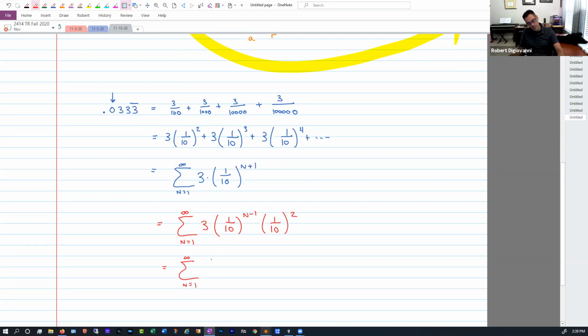I'm almost out of time. That's why I'm working so fast through this. 3 over 100 is the first part, and then we have 1/10 to the n minus 1. And now we finally have it as geometric. So this should converge. There's your A, there's your R. So it should be 3 over 100 over 1 minus 1/10, which gives you 3 over 100 over 9/10.